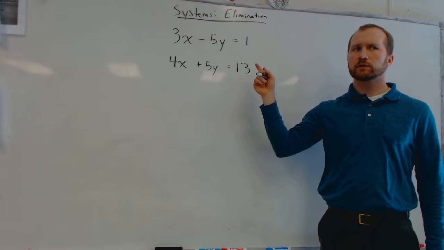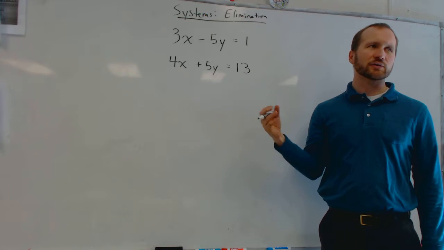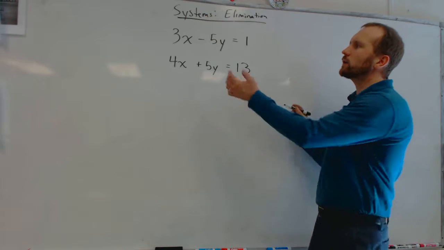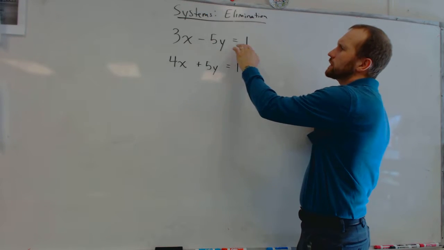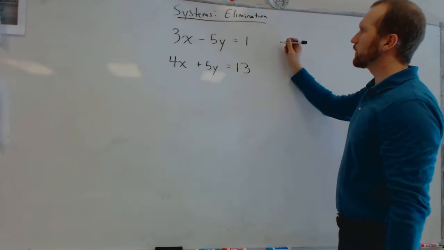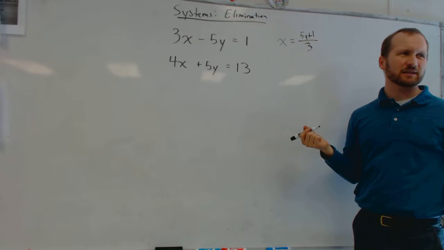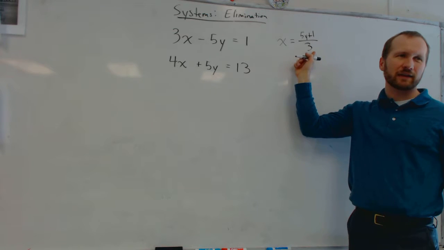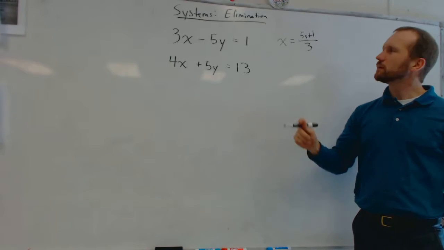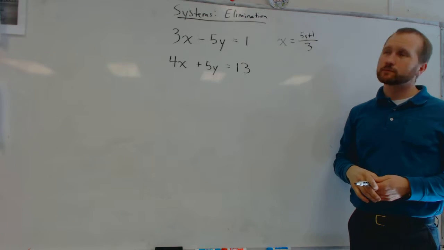So if we were to try to get this into y equals or x equals, if we were to try to isolate one of these variables, it would be a lot of work and we'd have fractions. I could do it. I could add 5y to both sides and then divide both sides by 3. So I would end up with x equals (5y plus 1) divided by 3. That's kind of a weird fraction that I'm not super excited about plugging into my other equation. I could do it. It would totally work.